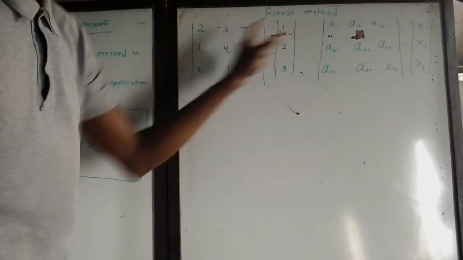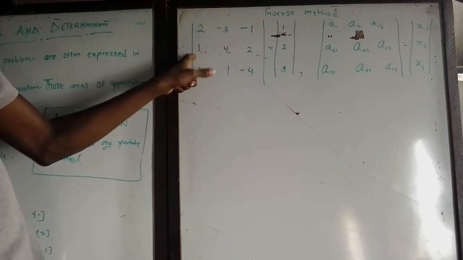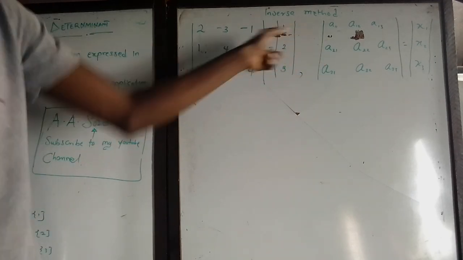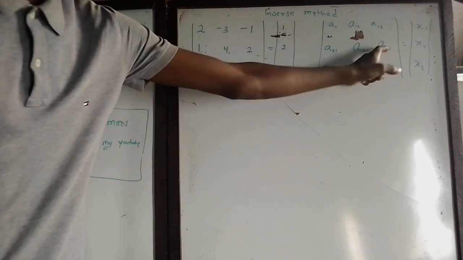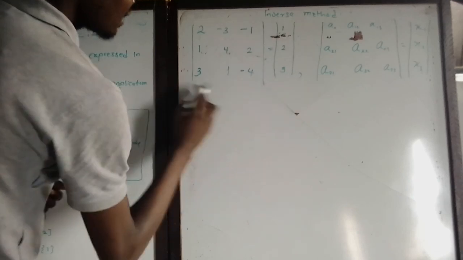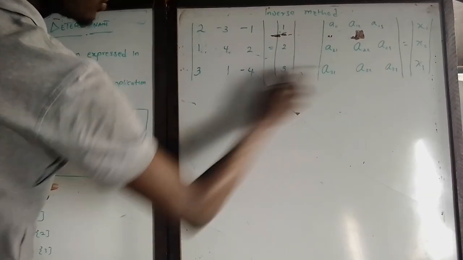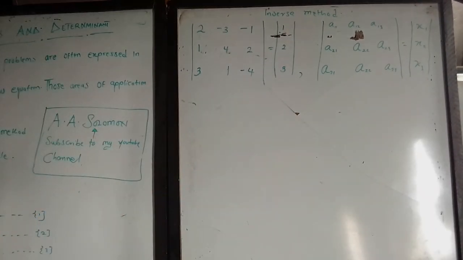Represent your A12 as minus 3. Represent your minus 1 as A13. Come down here as A21, then A23, then 2A23, then 3A31. A32 is what? 1. A33 is what? Minus 4. Do we understand?